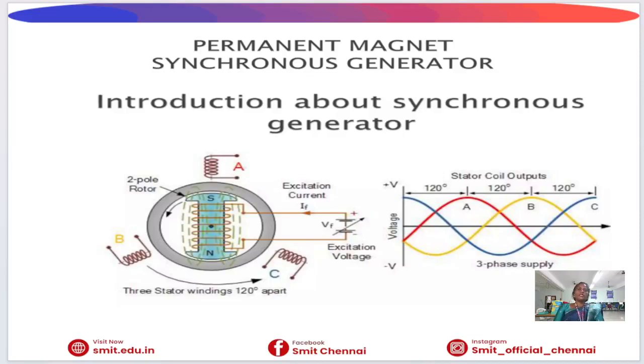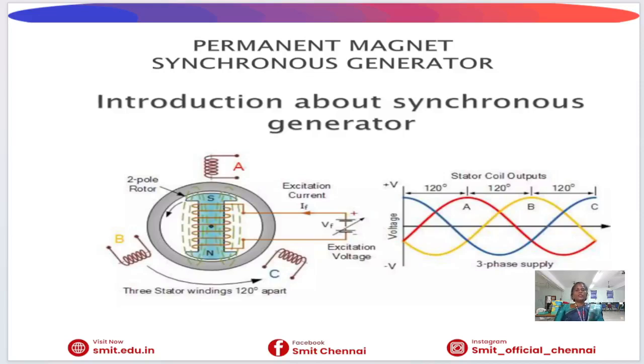A synchronous generator is an electromechanical device that converts mechanical energy into electrical energy while operating at a speed synchronized with the grid frequency. The generator consists of two main parts, the rotor and the stator. The rotor rotates and produces the magnetic field while the stator remains stationary and contains the armature windings where electricity is generated.